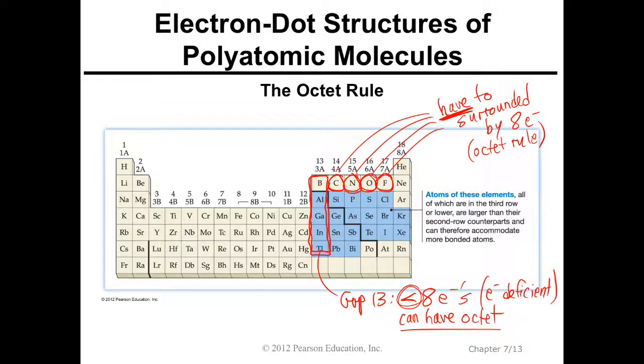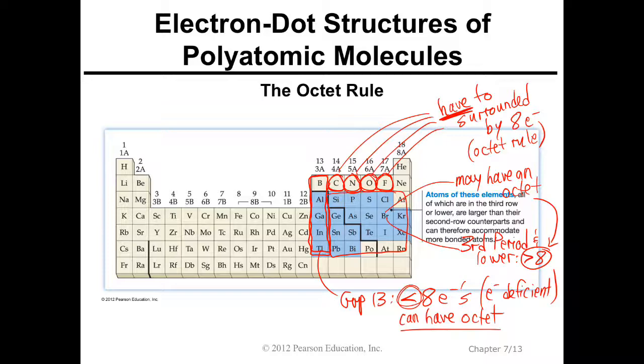And that leaves all of these others, everything we haven't talked about yet. In the 3rd period and lower, they may have an octet, but they can also have more than 8.